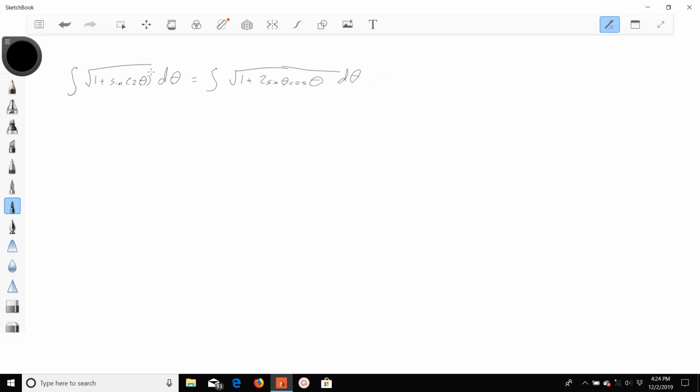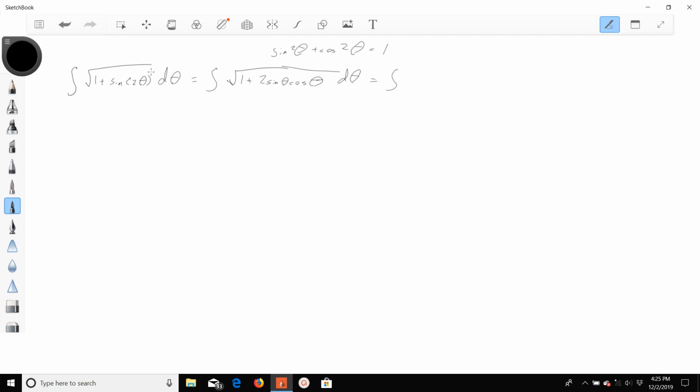Now at this particular point, you might be saying to yourself, I'm not really sure what to do, but remember this. We want this square root to go away. It's not nice. I know that sine squared theta plus cosine squared theta is equal to 1.